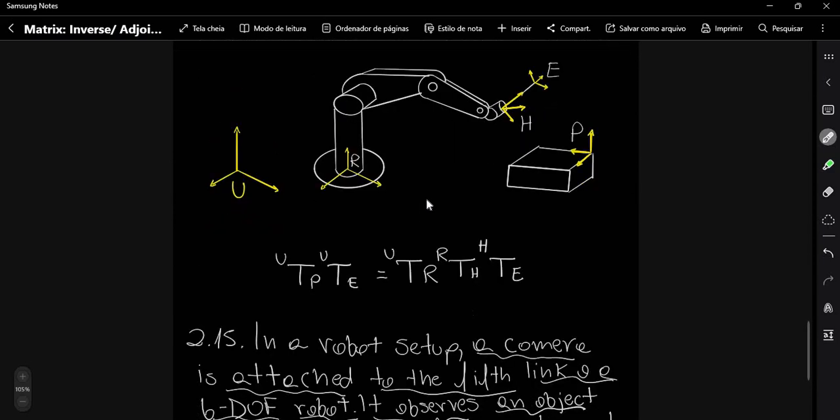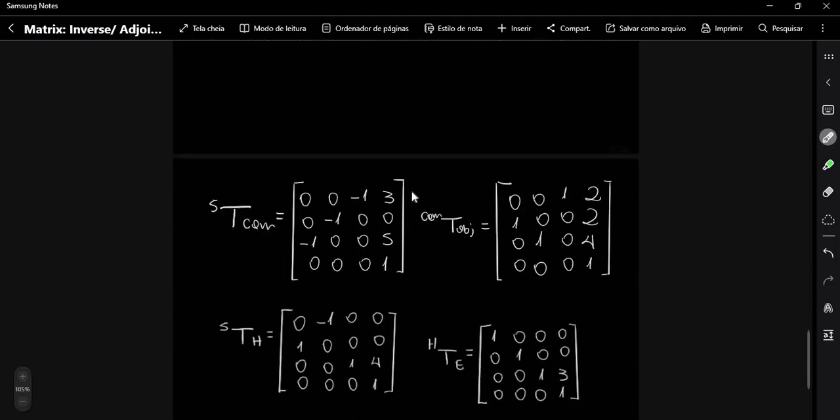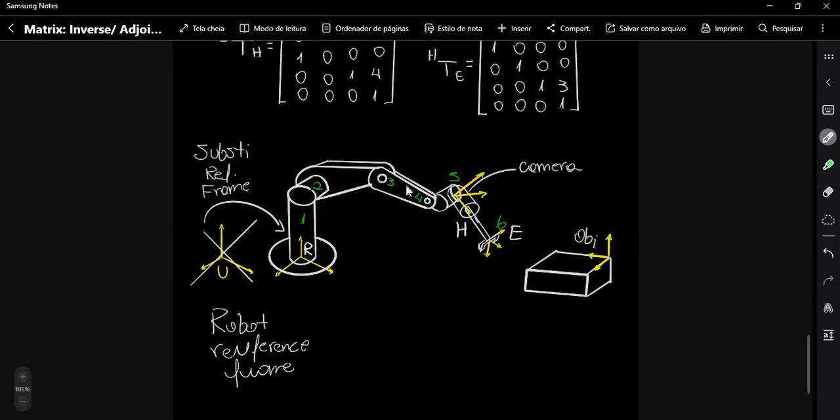So again, we have to be able to interpret the exercise with the information that is given to us and interpret the task that this robot is doing.